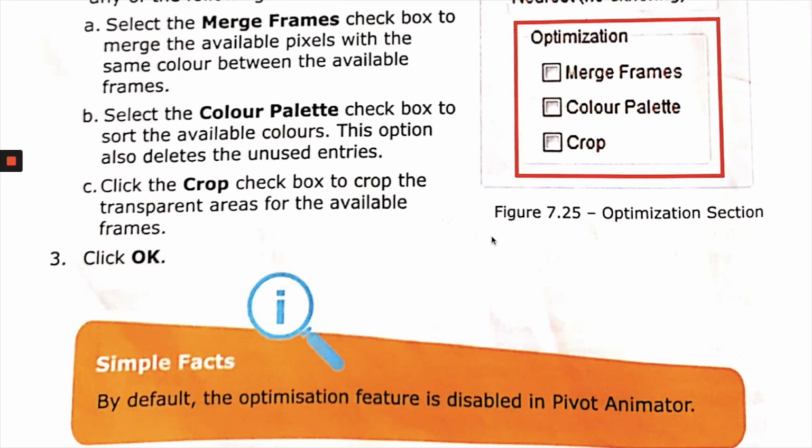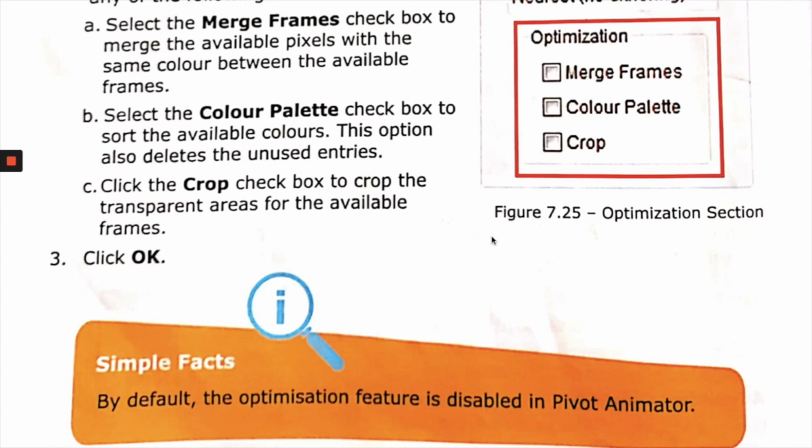This option also deletes the unused entries. Click the Crop checkbox to crop the transparent areas for the available frames. The Crop option can also be used to reduce the size of the file. Then click OK.